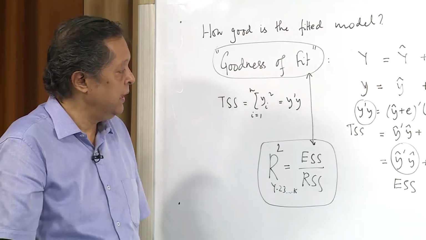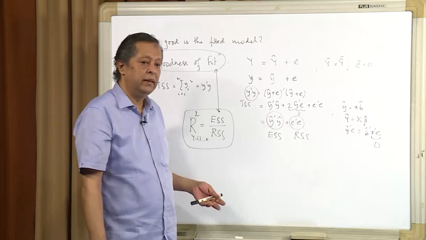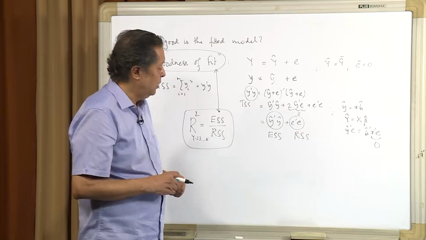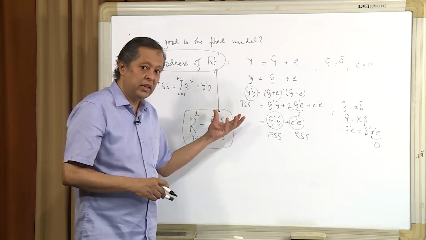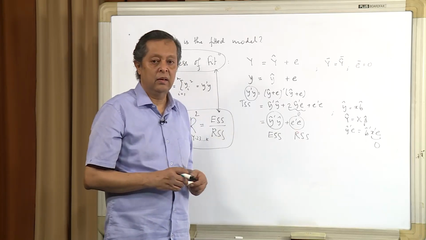Now, one important thing about this is that normally as we go on increasing the number of regressors of the model, total sum of squares remains the same, but explained sum of squares tends to rise.